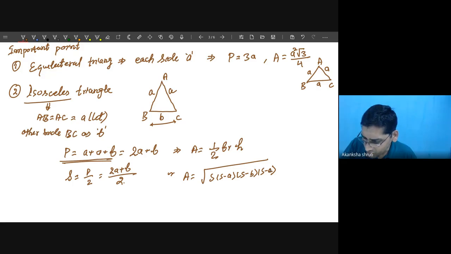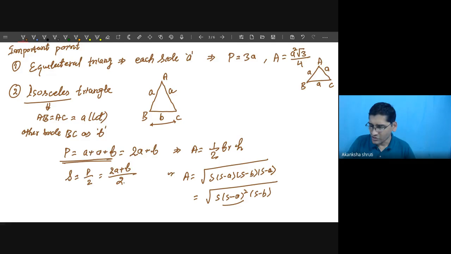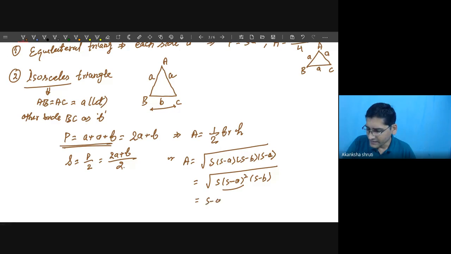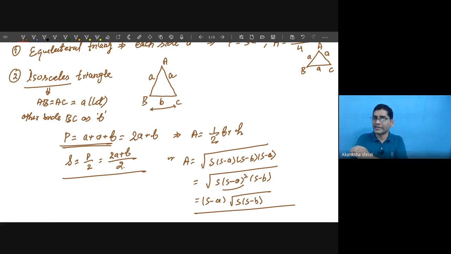So make this equal. You will get S minus A square, S minus B. So one of these will come as the A square, and this can be taken out also. So it becomes S minus A under root of S minus B. These things are asked sometimes in MCQs, so that's why I have derived this.